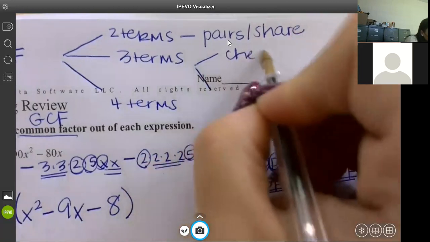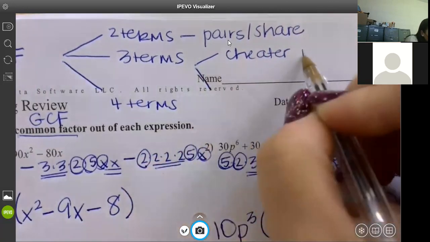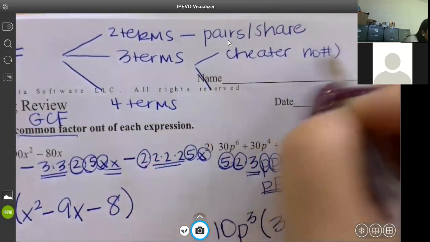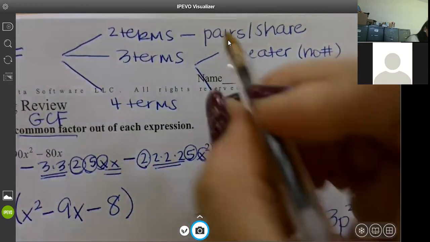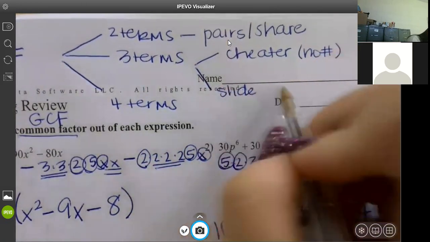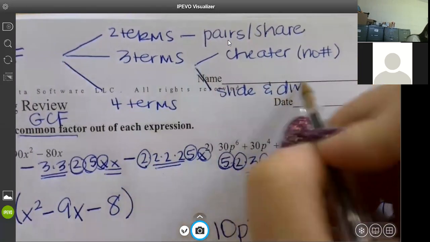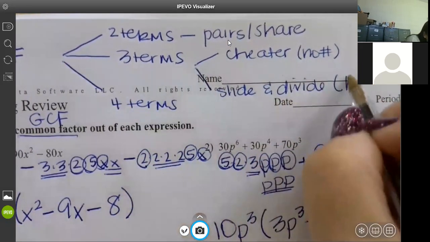Three terms is either going to be your cheater method. Remember, that's when there's no number in front, or it's going to be slide and divide. That's when there is a number in front.